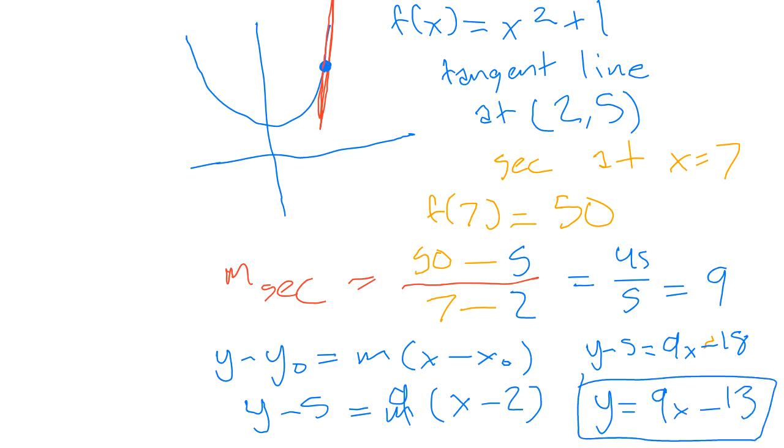However, if we want a closer approximation, let's say we'd used 2.5. So now we have f of x still equals x squared plus 1, and we want the tangent line at 2.5, and then we're going to go ahead and use our approximation at 2.5.